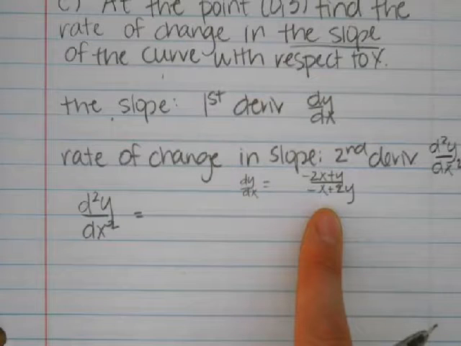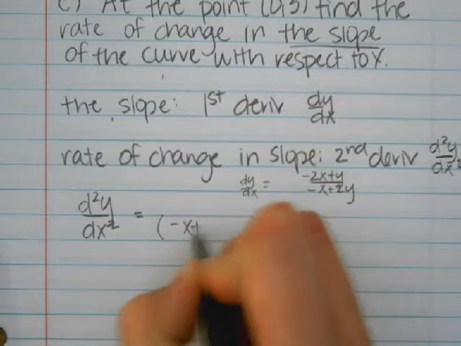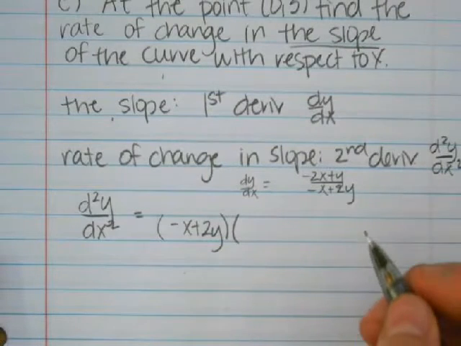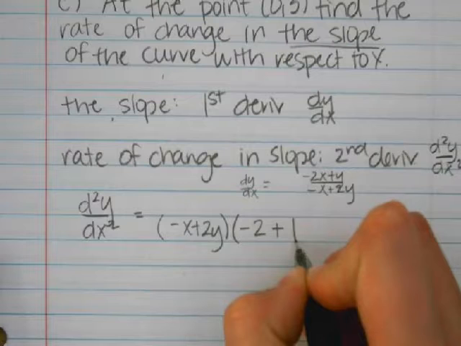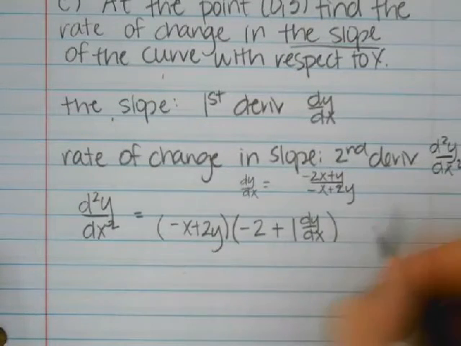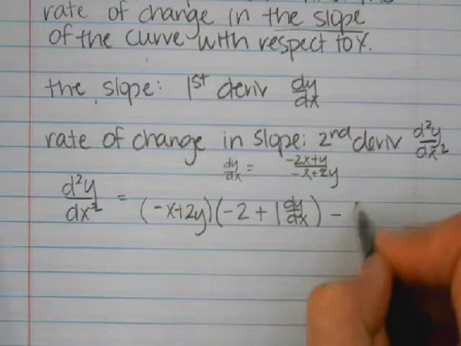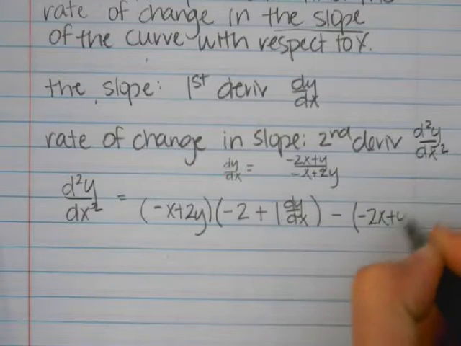Quotient rule, yeah. So we got low d high. And what's the derivative of the top? Negative 2 plus 1 dy dx, minus high d low, so negative 2x plus y.